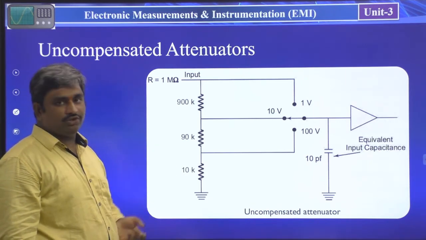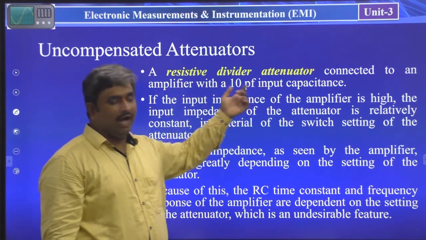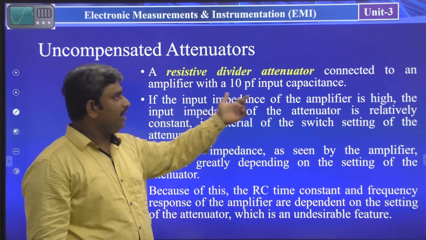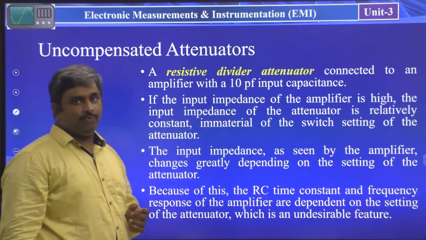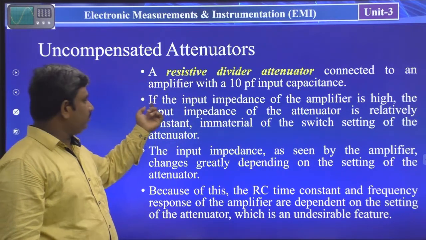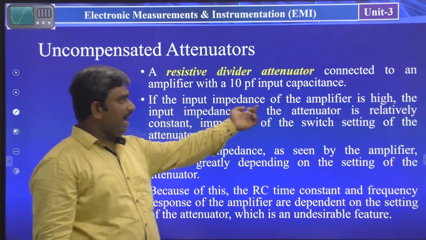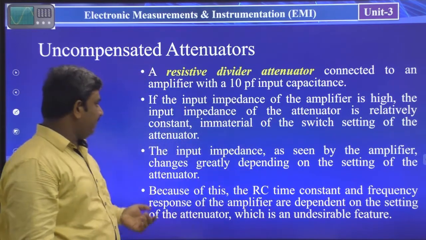Let us see the discussion of this one. A resistor divider attenuator is connected to an amplifier with a 10 picofarad input capacitance. Just now we have seen this circuit in the block diagram.